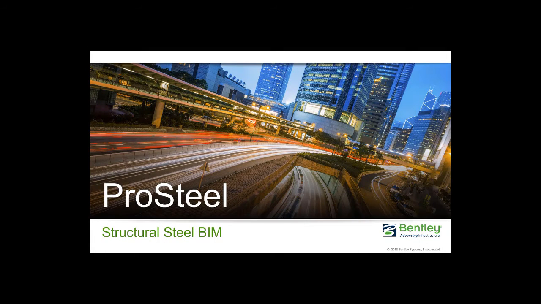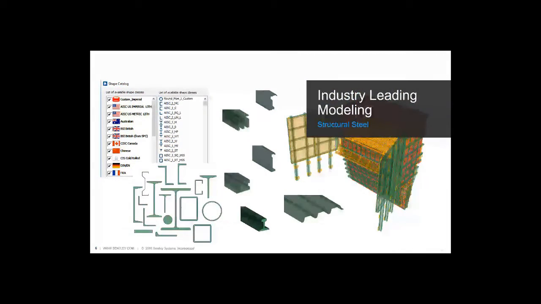So what are the important features of ProSteel? It has some industry leading modeling tools, like you can see here on the screen. On the left side, you can see the shape catalogs that are available for you to use. There are different standards, which are globally accepted standards.